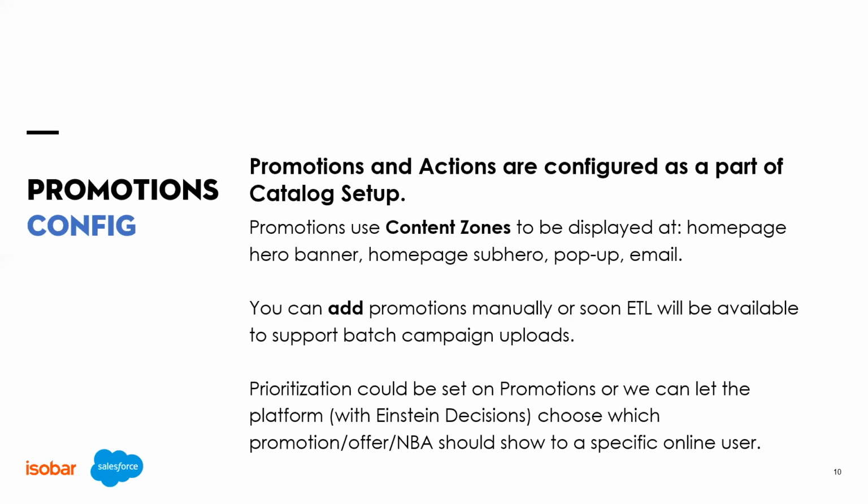So it could be a hero banner on your homepage, or a sub-hero on your homepage, or a promotion that is popped up on the website, or it could be used for an open time email campaign.